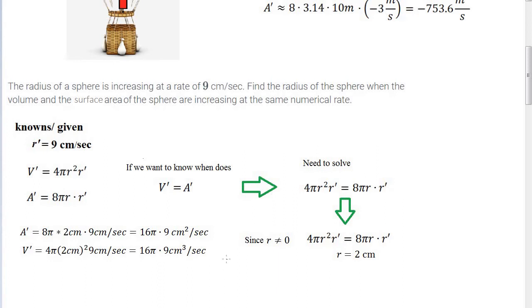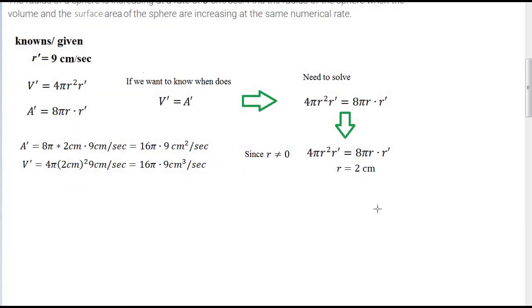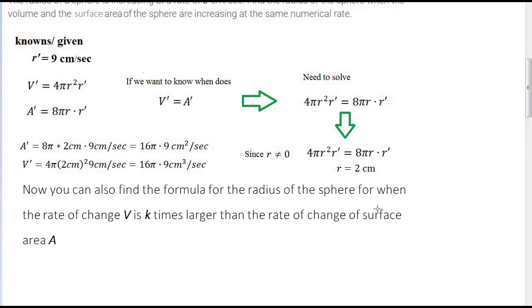But without us maybe fully realizing this, we can now definitively answer even the bigger question that's going to relate the rate of change of a volume and the rate of change of a surface area. So for example, we can answer the question: at what radius will volume change twice as fast as the surface area?